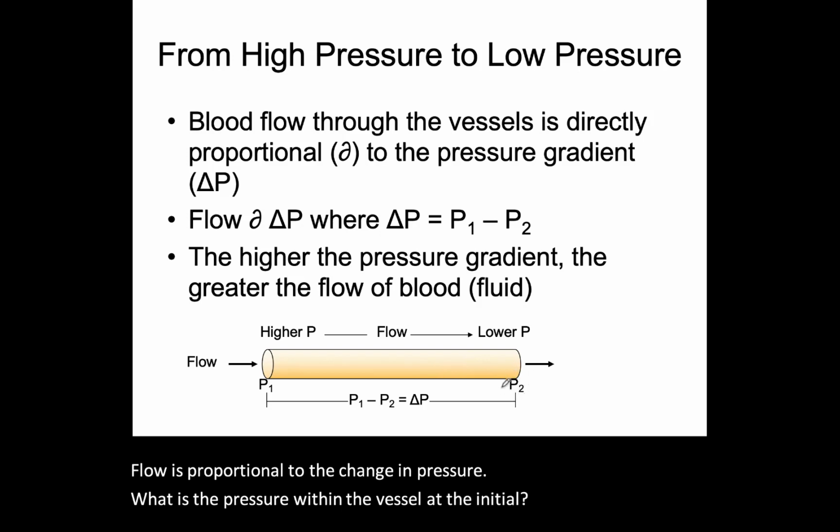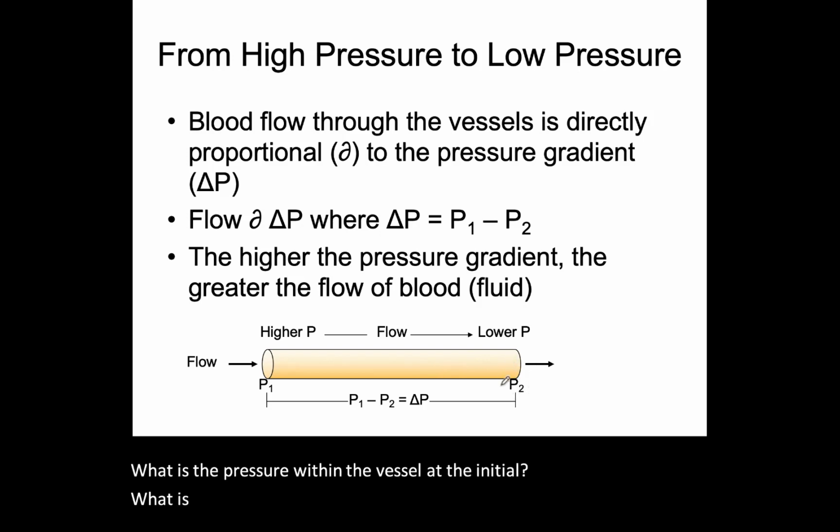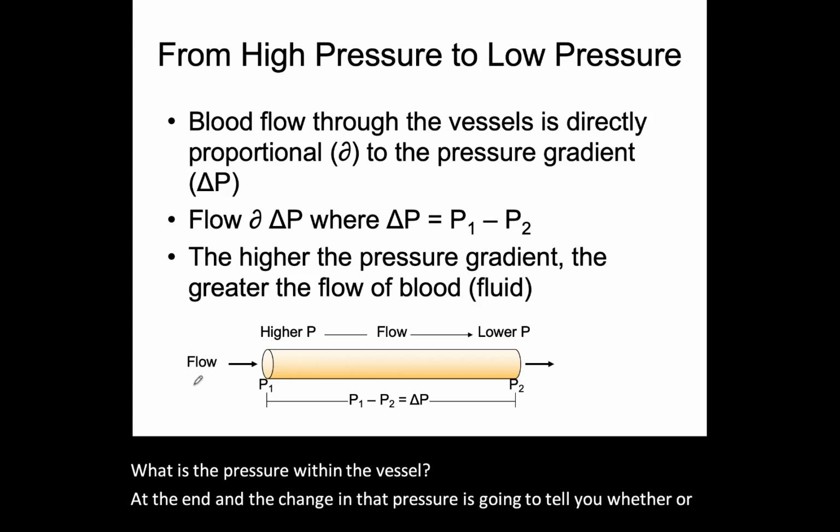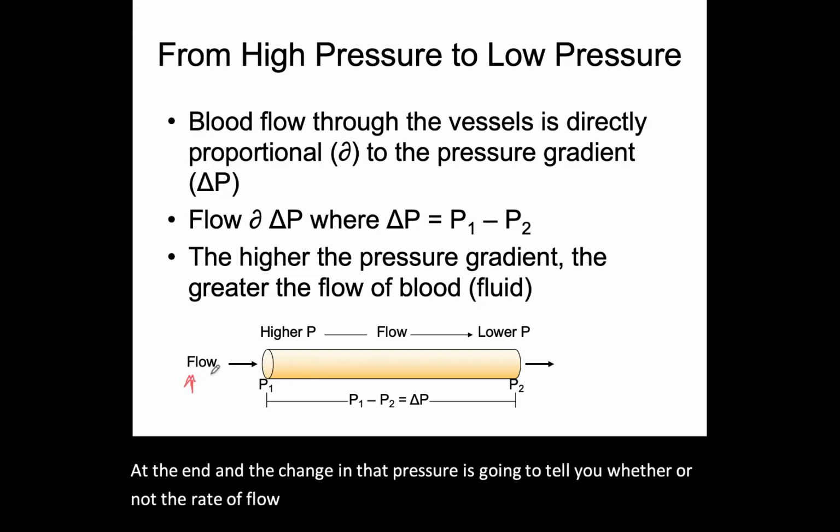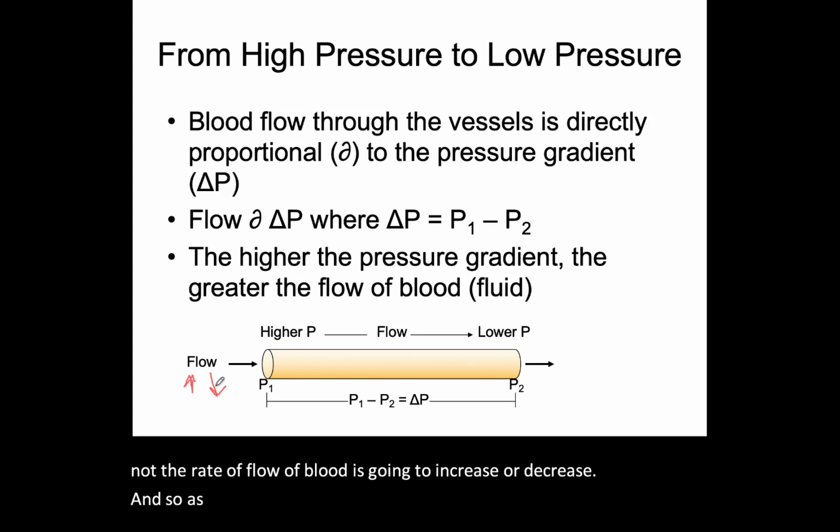What is the pressure within the vessel at the end? Right? And the change in that pressure is going to tell you whether or not the rate of flow of blood is going to increase or decrease. And so as pressure increases, flow increases. As pressure decreases, flow decreases.